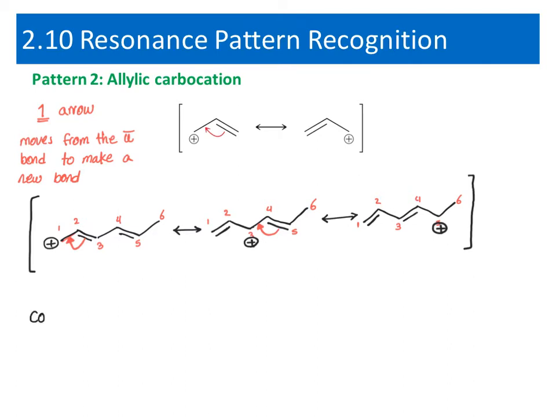So conjugated system is when we have more than one pi bond in the molecule, and those pi bonds are separated by one sigma bond from one another.